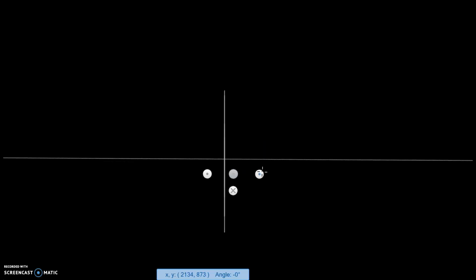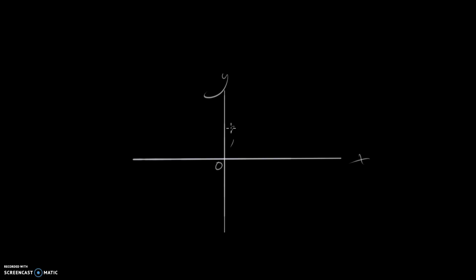Done. First let's label our graph. So 1, 2, 3, 4, 5, minus 1, minus 2, minus 3, minus 4, minus 5.